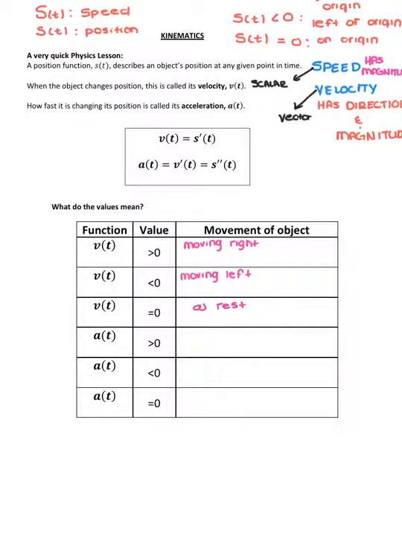So because it says how fast it is changing is called the acceleration, if we have a positive acceleration, what does that mean? Yeah, its velocity is increasing, right? We have an increased velocity.